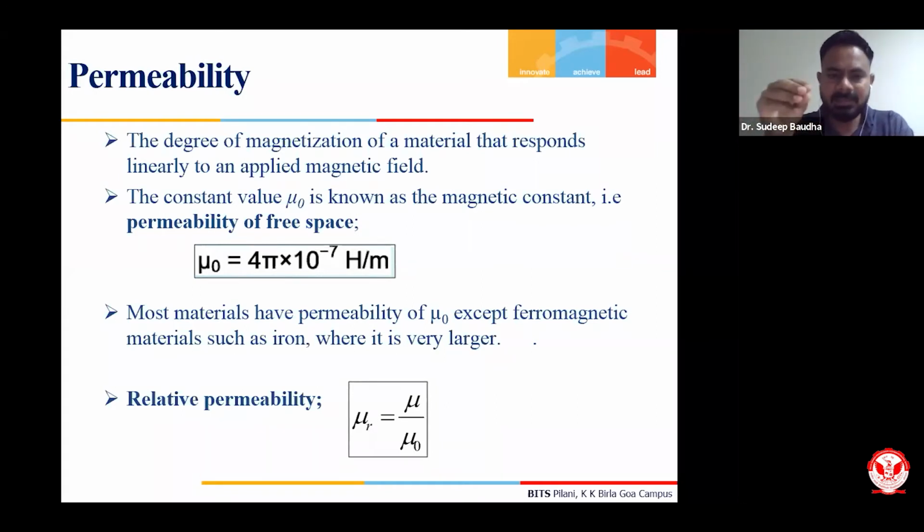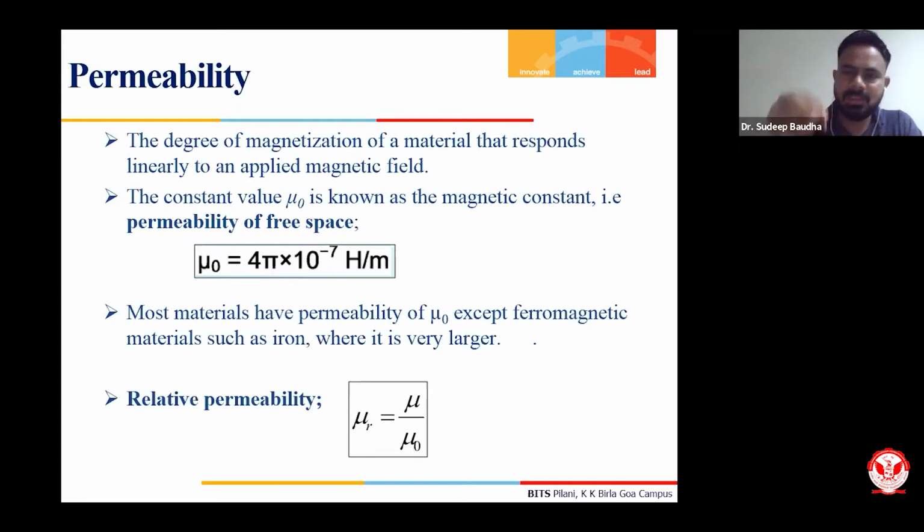But still, there are some materials which are ferromagnetic in nature, such that they get attracted to magnetic fields. You know, iron gets attracted to a magnet. So iron has very, very large permeability. If I am correct, the relative permeability of iron is greater than 10. Such types of material will behave in a magnetic field in a different fashion.